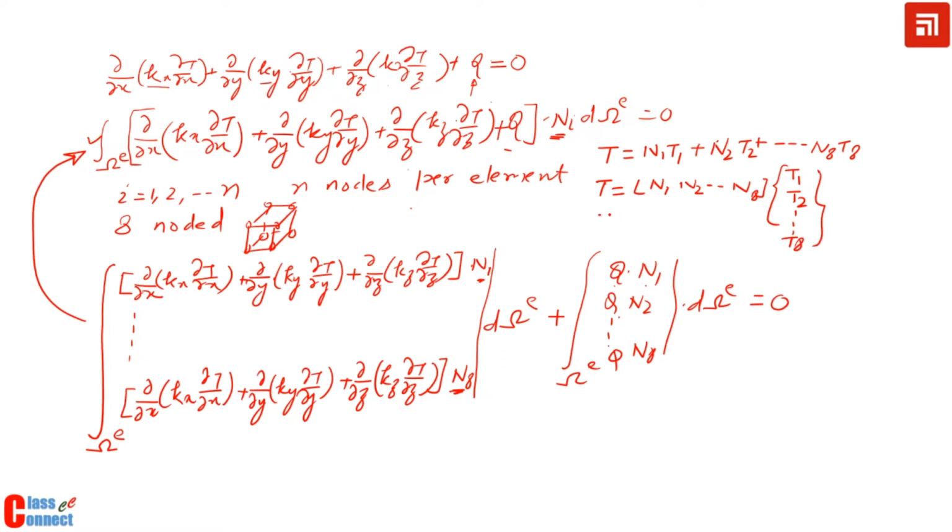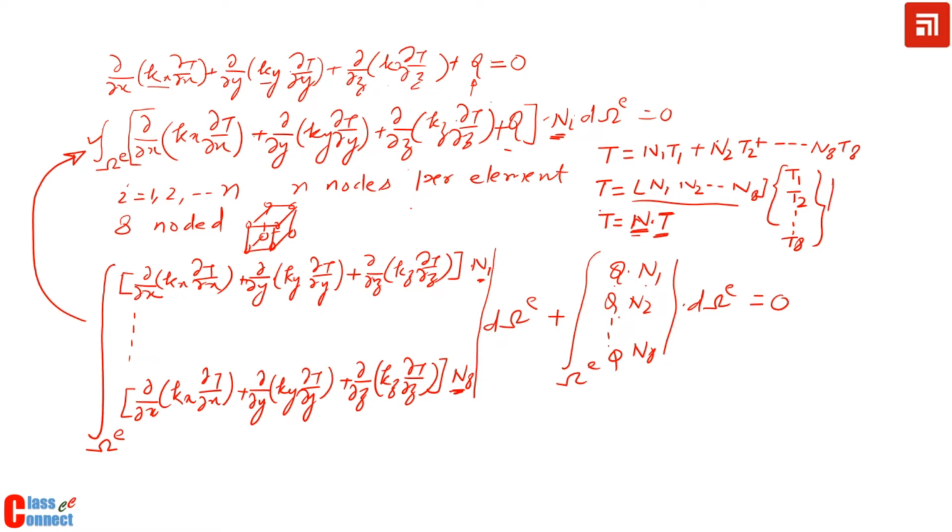And in short matrix form I can write this as N into T, where N represents a matrix and T here also represents a matrix. So this is how I can write the element nodal variable approximate function as N T, where N is represented by this and T is represented by this.